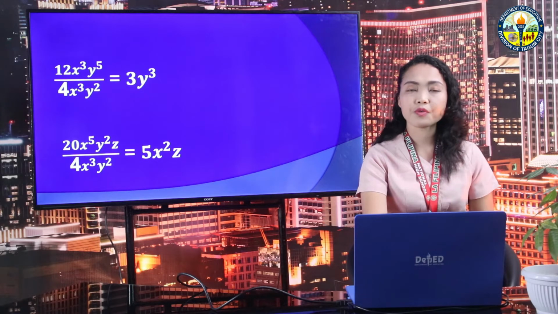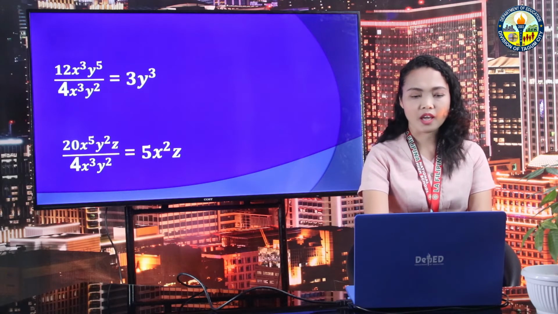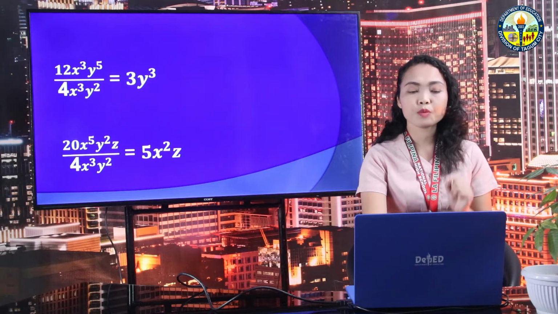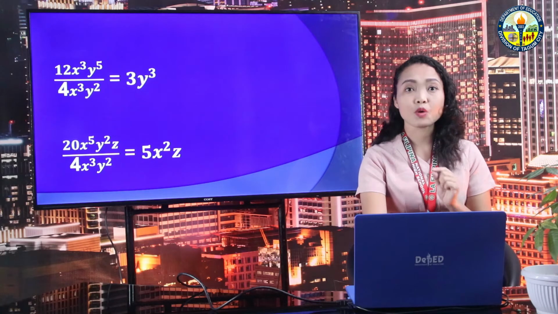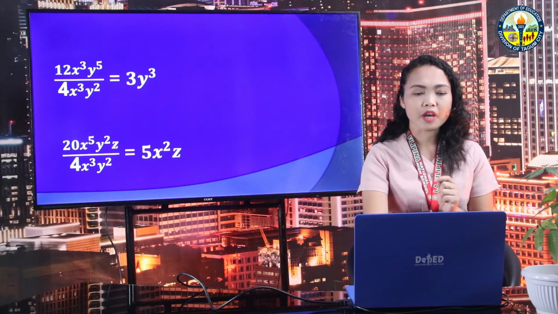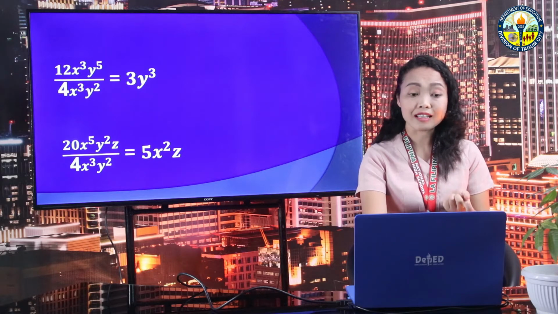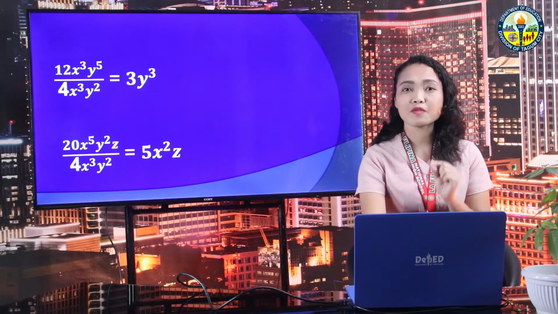Then we have 3y cubed. How do we divide? 12 divided by 4 equals 3. X cubed divided by x cubed equals 1. So this time we're going to apply the law of exponent. We're going to subtract the exponents. So we have 3 minus 3 equals 0. So that becomes x to the power of 0.